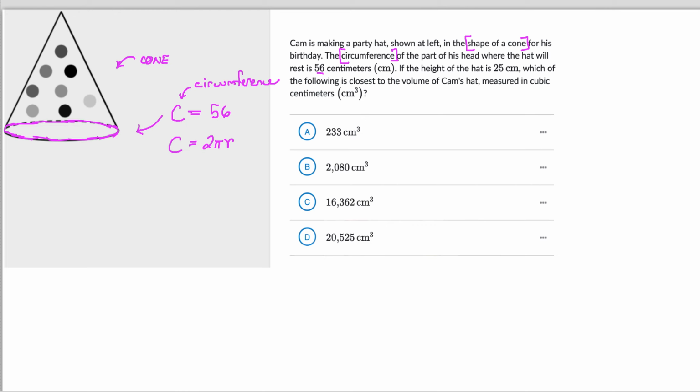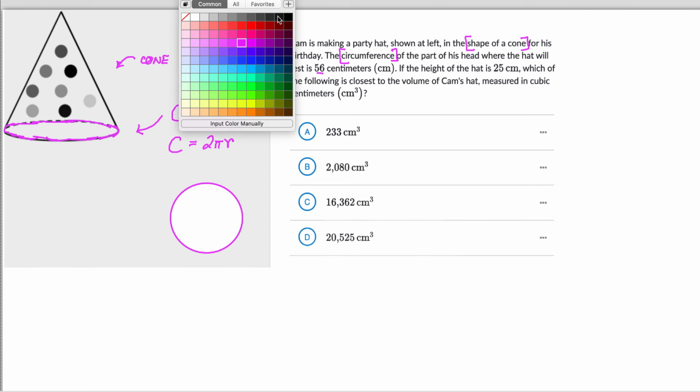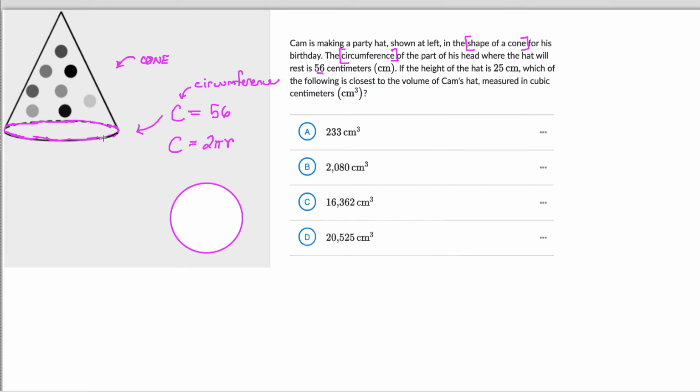That looks like this. Here's a circle. Okay, so here's a perfect circle, let's imagine, and this could be the base of the cone, the bottom of the cone, this part right here. You have it where the center to the edge, any center to the edge, is called a radius.